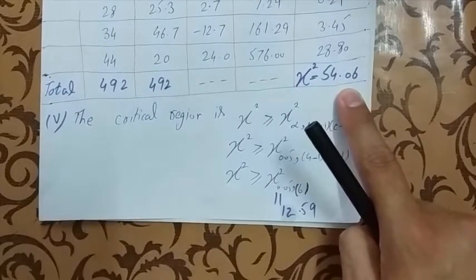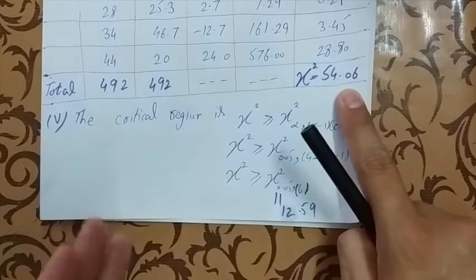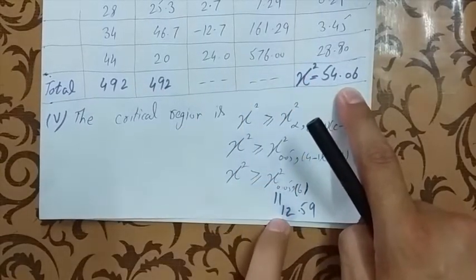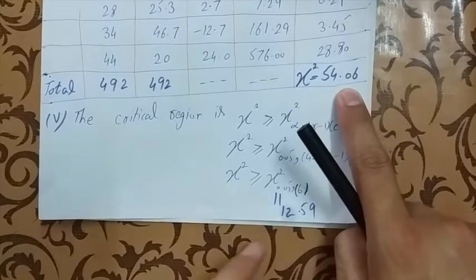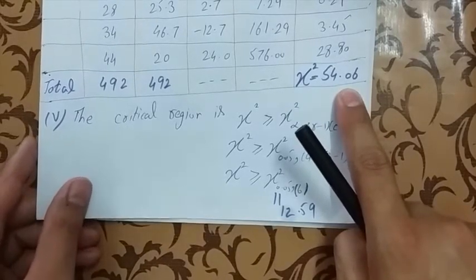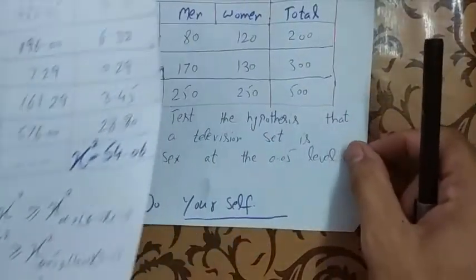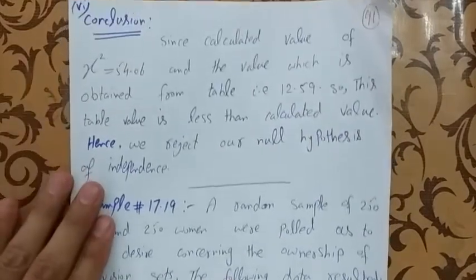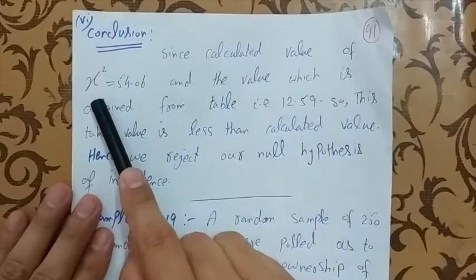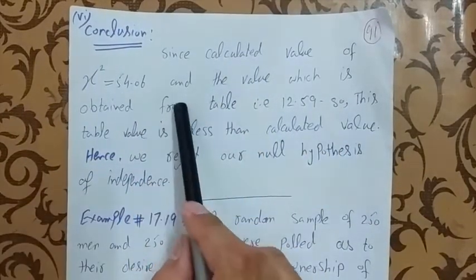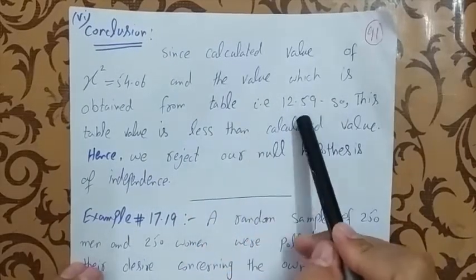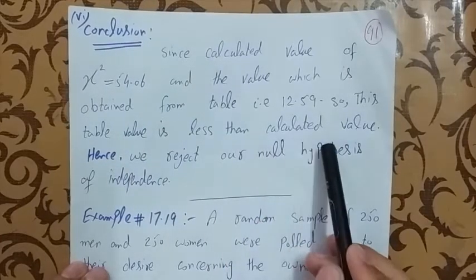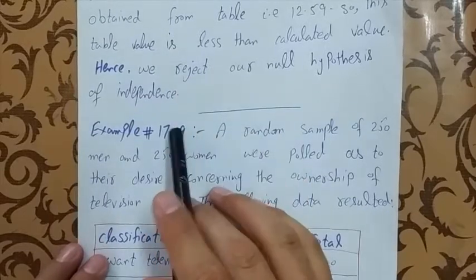So we studied in the procedure of the contingency table that if the computed value is greater than the table value of the chi-square distribution, then we reject the null hypothesis which we set in the first step. Since the calculated value of the chi-square is equal to 54.06 and the value obtained from the table is 12.59, the table value is less than the calculated value. Hence we reject our null hypothesis of independence.